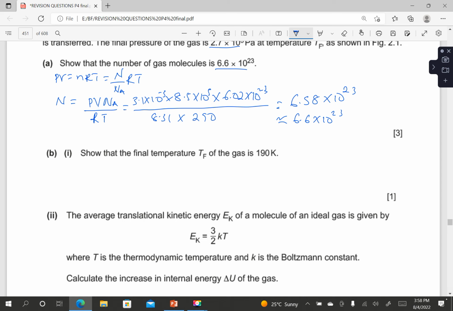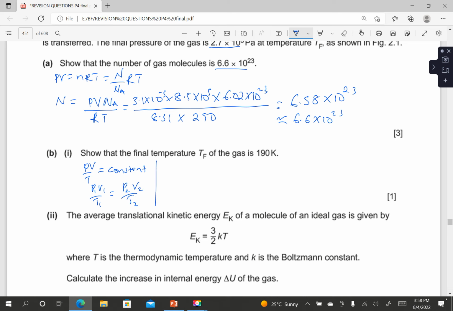Because the volume is changing, the pressure is changing, and the temperature is changing, all we shall say is that PV divided by T is equal to a constant. All three are changing, so we can say PV over T is equal to a constant. I'll use this simple relationship: P1 V1 over T1 should be the same as P2 V2 over T2.